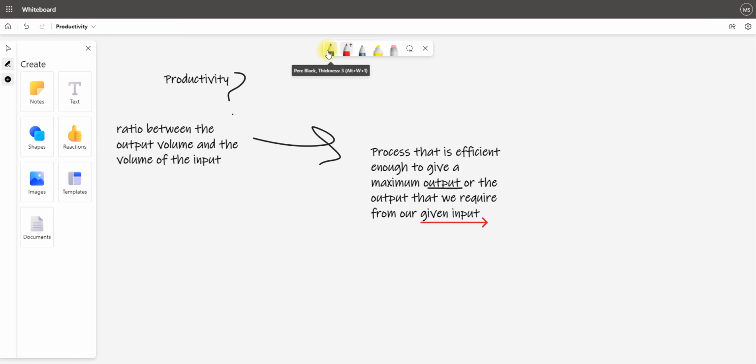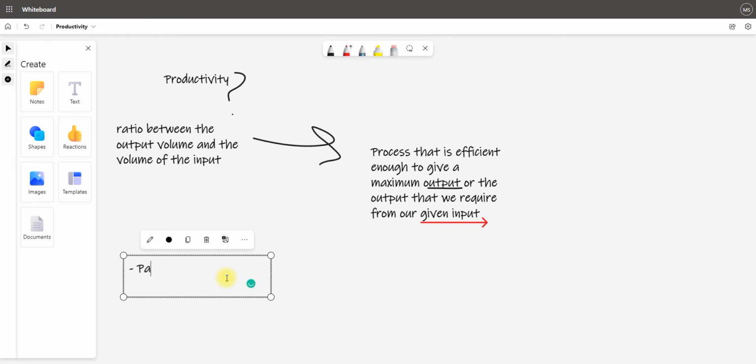Now, how to be more productive in our daily life, in our work, in our other routines? I am going to discuss two basic principles that will help you to be more productive in your work, your life, or in any other process that you are doing.